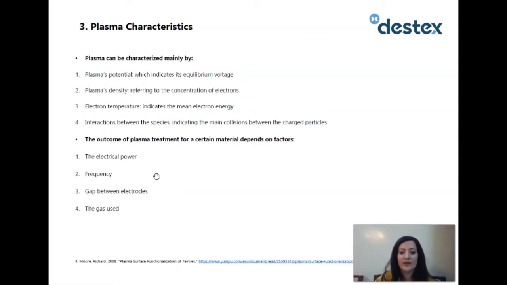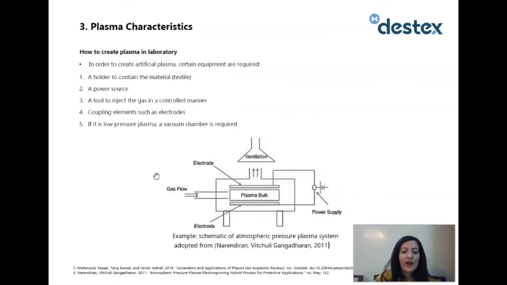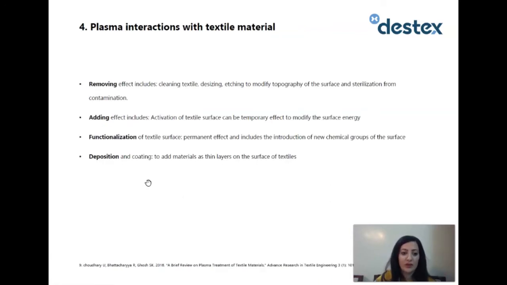We can acquire different properties. Mimicking nature, we can now create artificial plasma in labs with controlled mechanisms and levels, and we can also change the configuration according to the material and the end application.